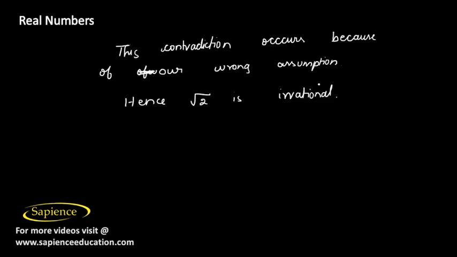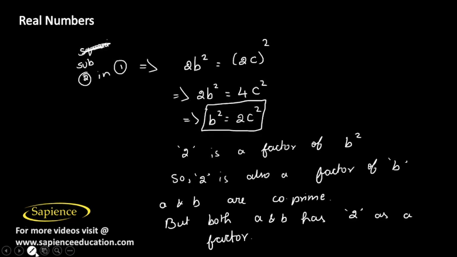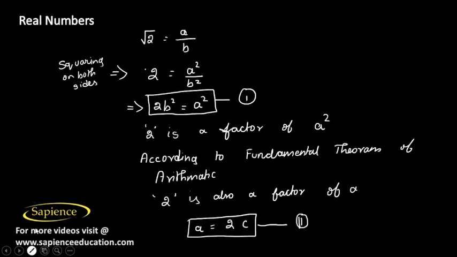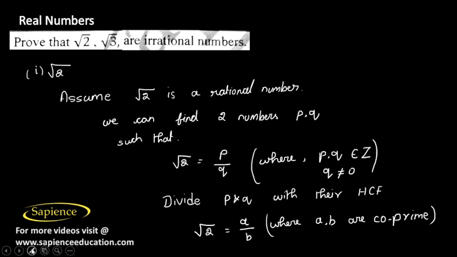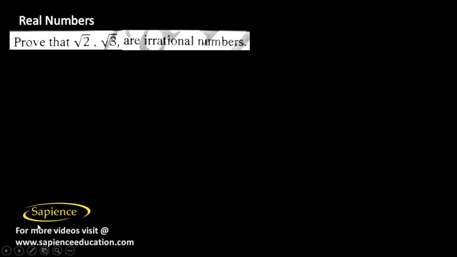Same method and the same way we can prove root 3 as an irrational number. So now we'll try to prove root 3 as an irrational number. The same way we will first assume root 3 is rational.